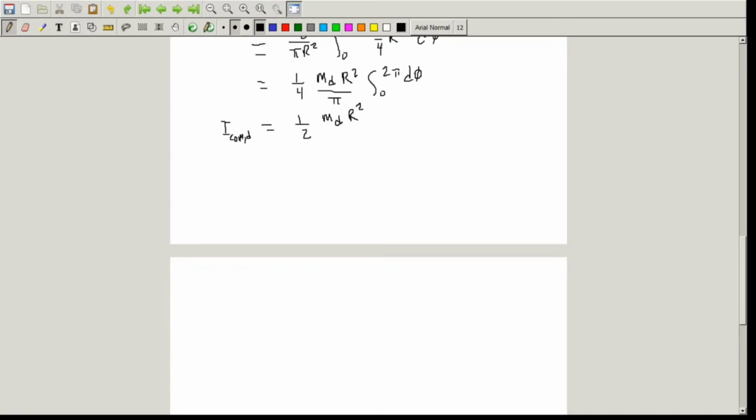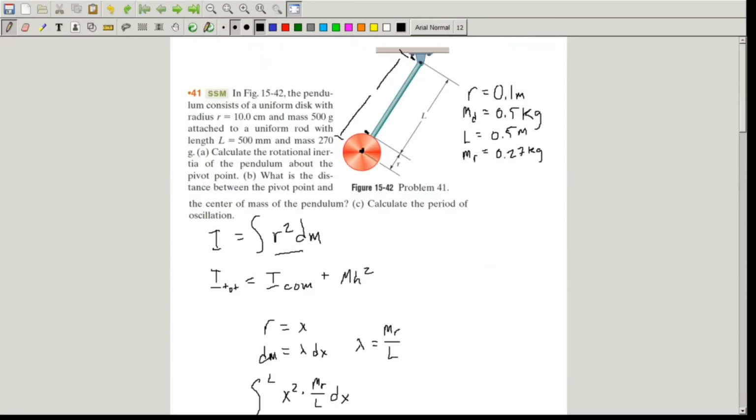Now this is just the rotational inertia of the disk at its center of mass. If we want the rotational inertia of the disk at this pivot point here, then what we're going to have to do is use the parallel axis theorem, where h is the distance from the center of mass to the pivot point.